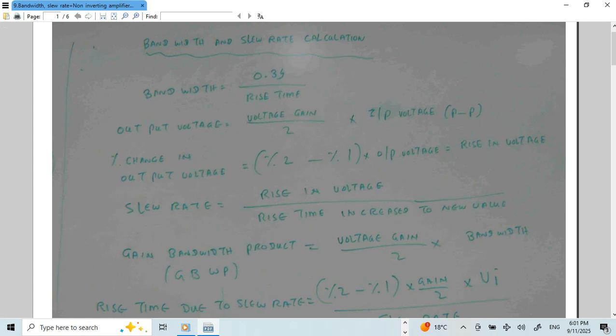Output voltage. To calculate the output voltage, we can use this formula: voltage gain divided by 2, multiplied with the input voltage.